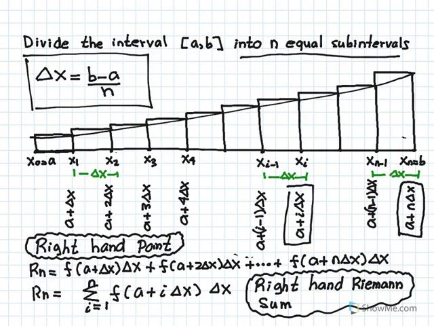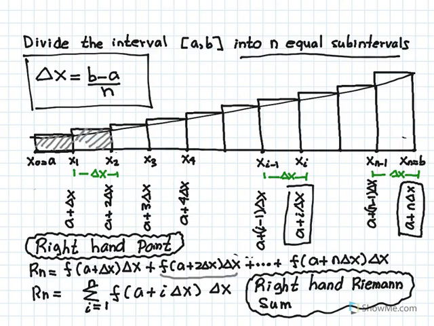So the right-hand rule is given by this Riemann sum, R_n. That's f of (a plus delta x) times delta x, which is basically the area of the first rectangle. And f of (a plus 2 delta x) times delta x is the area of the second rectangle.